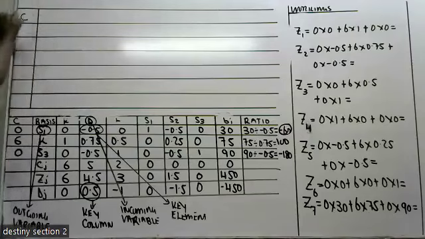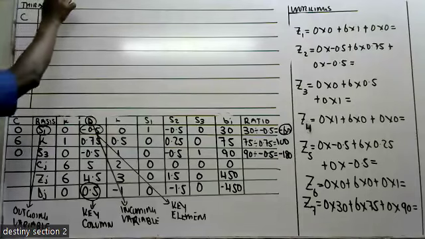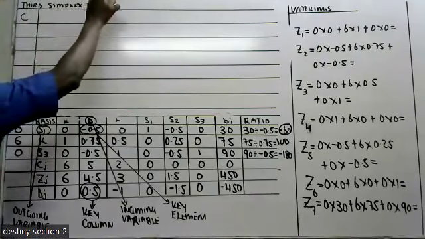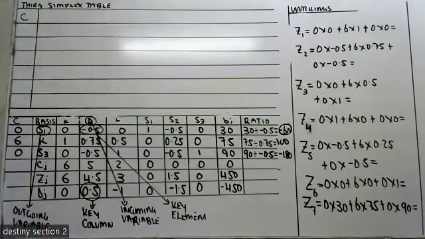So this is column C, and this one now is called the third simplex table.